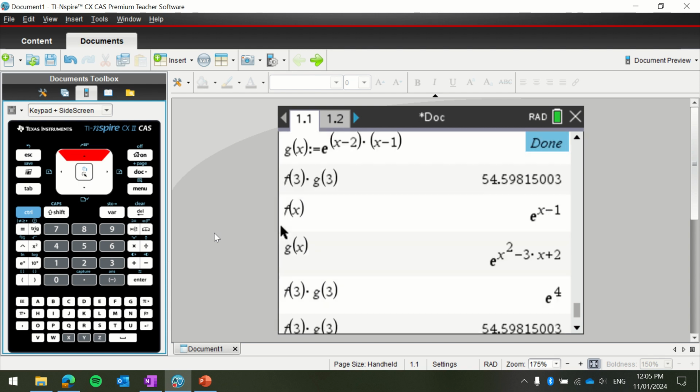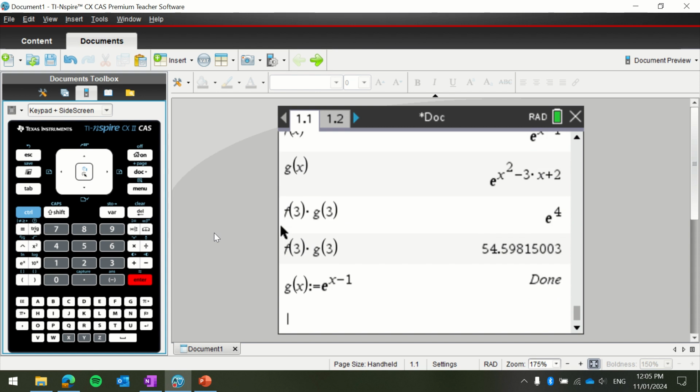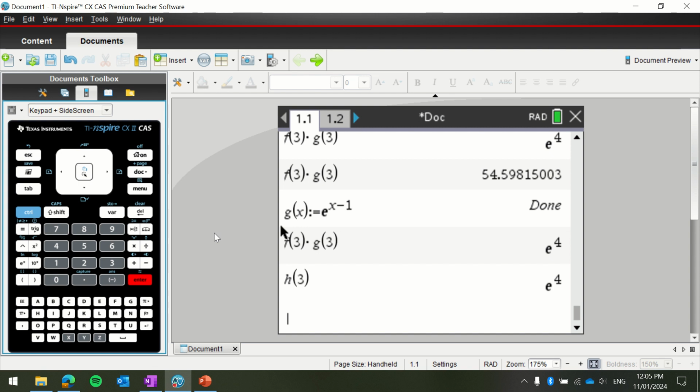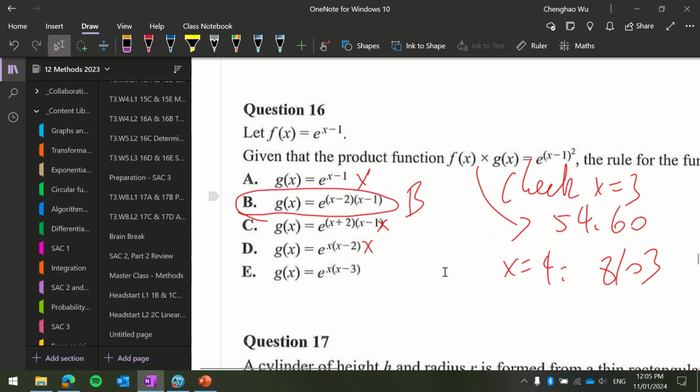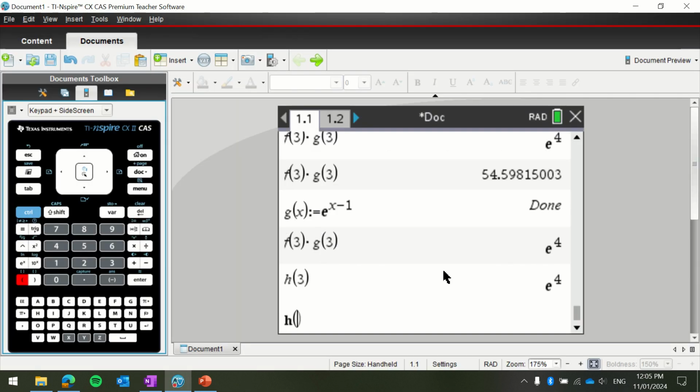Yep, if I do this again. Oh, okay, yes, that's what I did. When I checked x equals 3, it didn't give me anything. Yes, 3 didn't work.